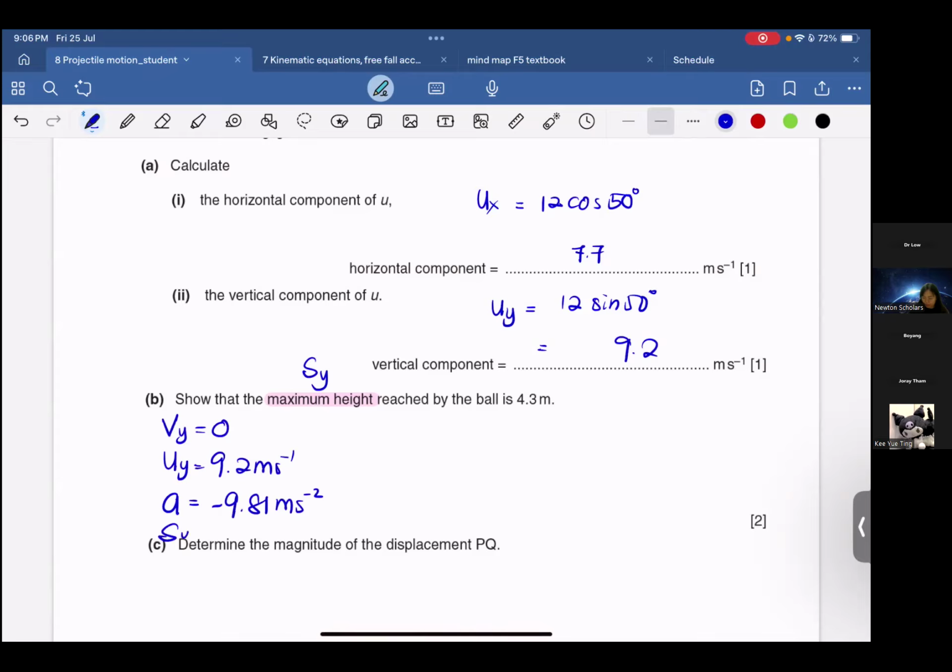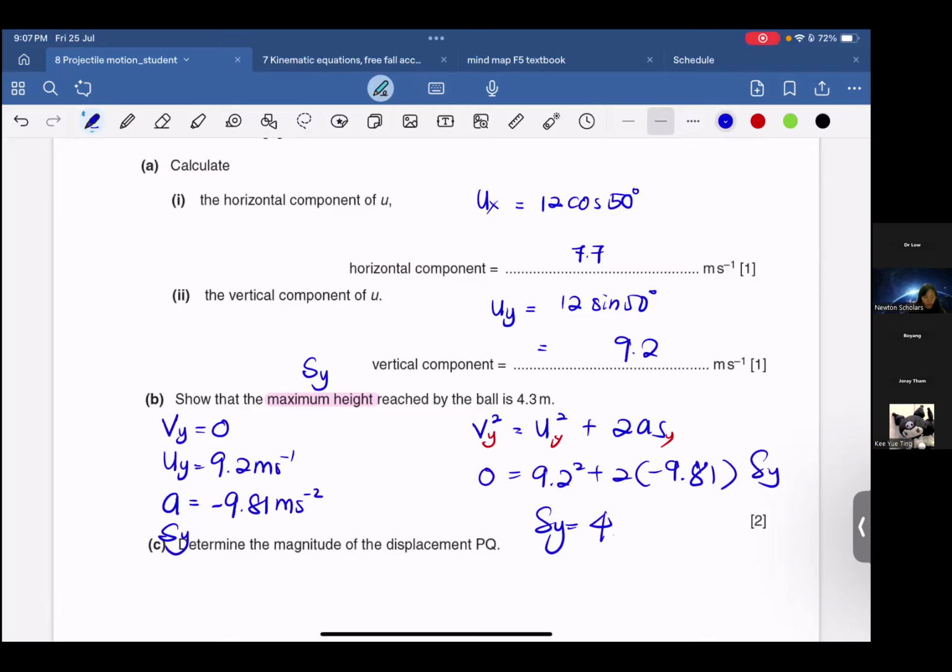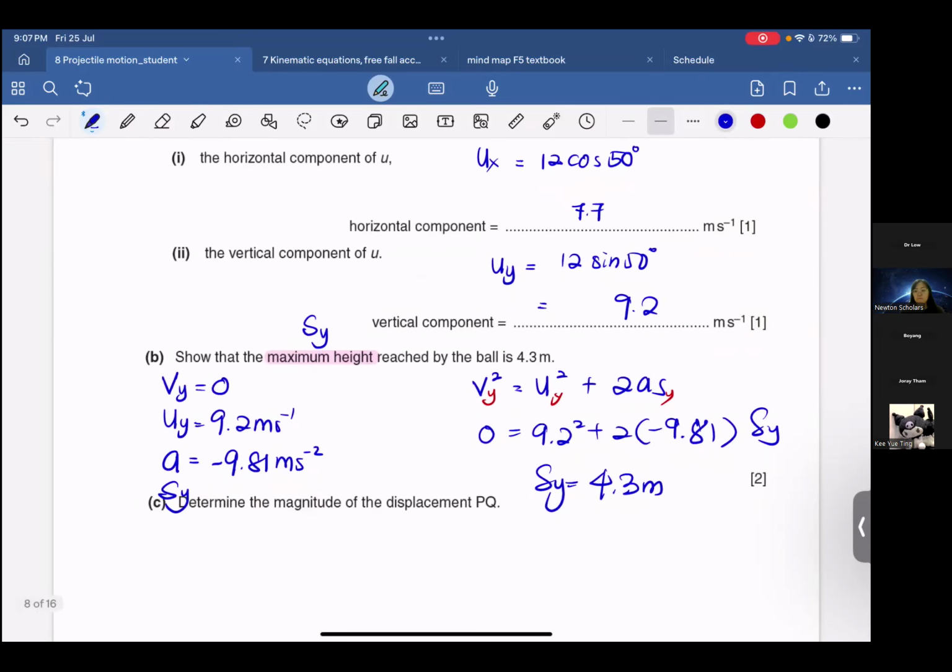Then what is your Sy? V, U, A, S. We use the formula V squared equals U squared plus 2AS. Here Vy is 0, U is 9.2, squared, plus 2 times negative 9.81 times Sy. We should be able to prove Sy is 4.3 meters. This one should be no problem, right, dear?